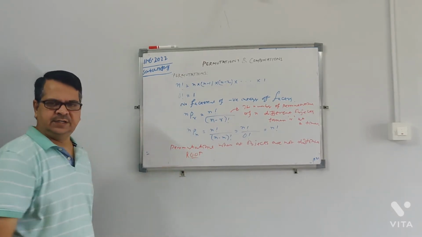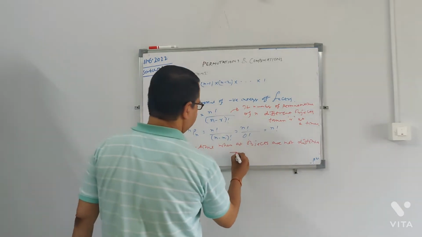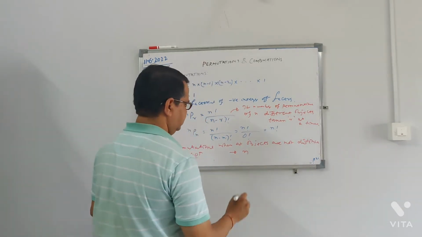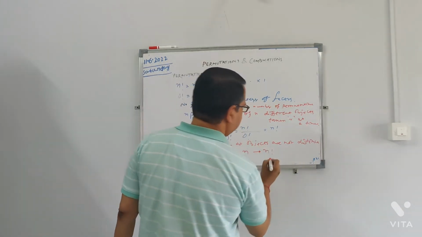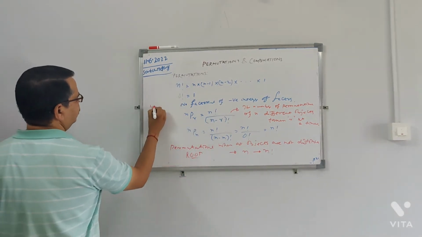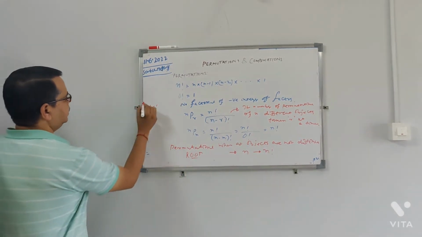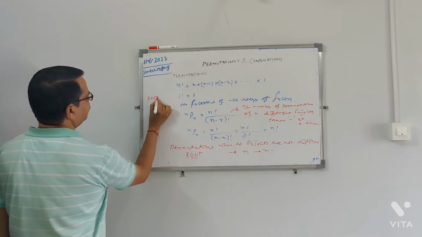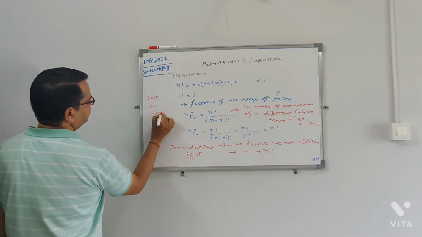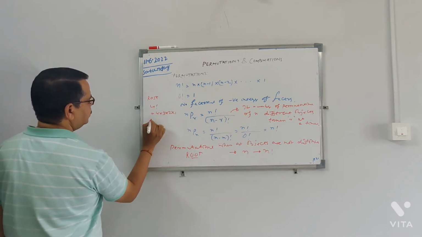If all are distinct, suppose there are n characters, it will give rise to n factorial arrangements. Like earlier we said 4 factorial for rows, which is 4 into 3 into 2 into 1, so 24 arrangements.